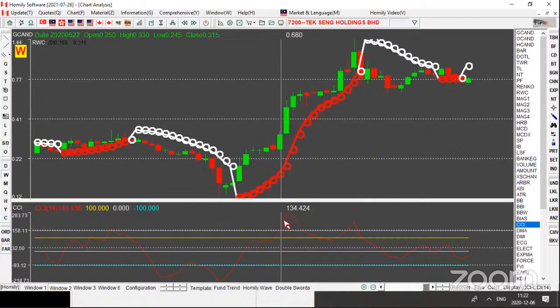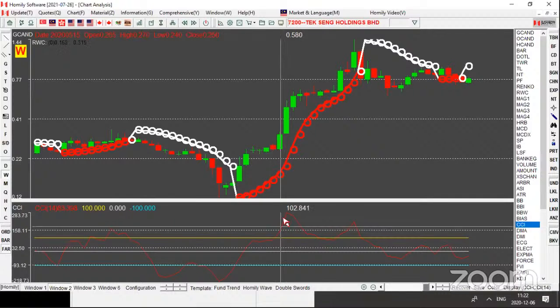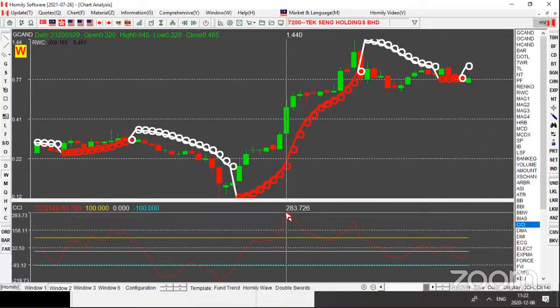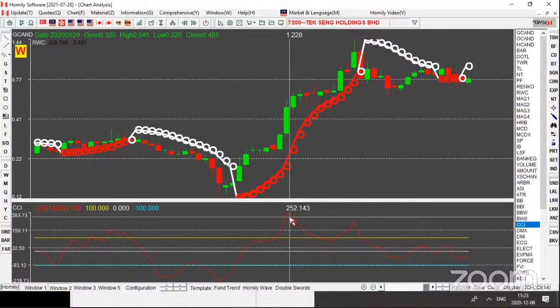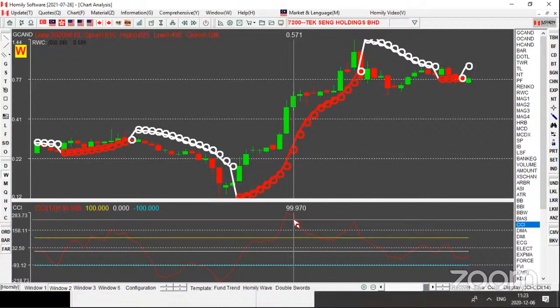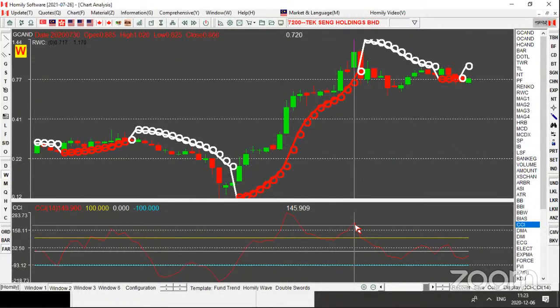So as long as this red line, the CCI line, keeps going upward and didn't turn down, it is okay. Only when the line turns downwards do you need to pay attention. But actually it is on the weekly chart, right? So you need to switch to the daily chart to see whether the red and white circle already changed to white circle. If changed to white circle, then we need to make our decision to sell. Otherwise, you can just hold it.